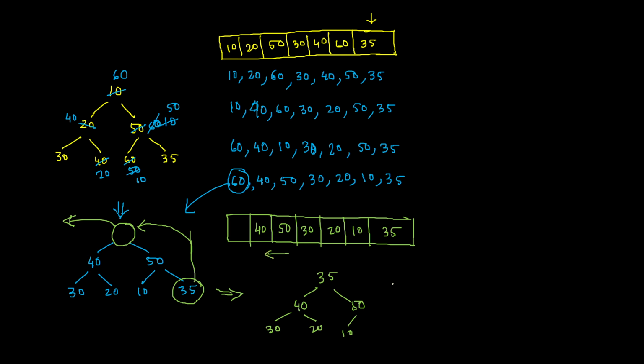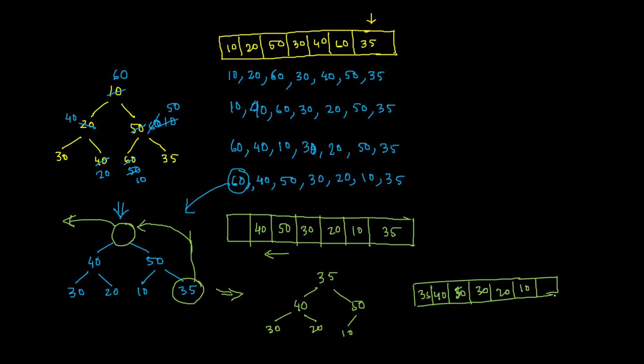Because ultimately if we consider the complete binary tree like this, then with respect to the array, it will become something like 35, 40, 30, 50, then 30, then 20, then 10. So everything has been shifted once.